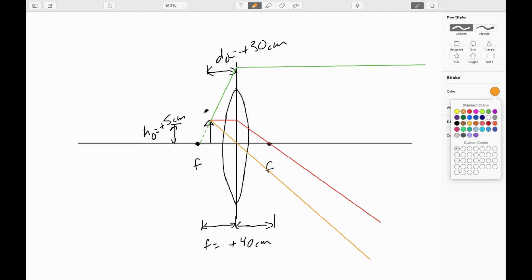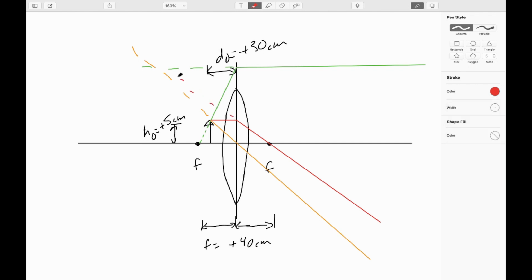But let's go ahead and backtrack the rays to get some sort of feel for this. Actually, you know what? That might not be too bad. All right, so based on our incredibly crappy drawing, here's my image.